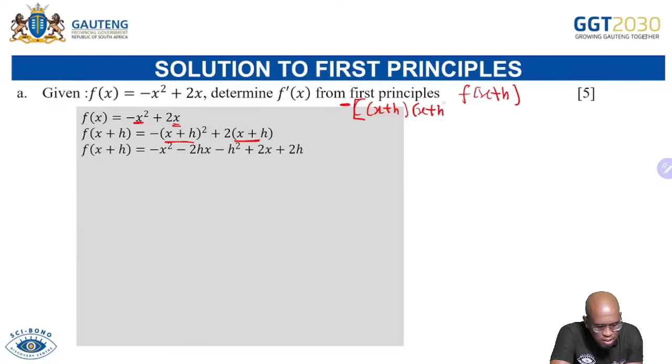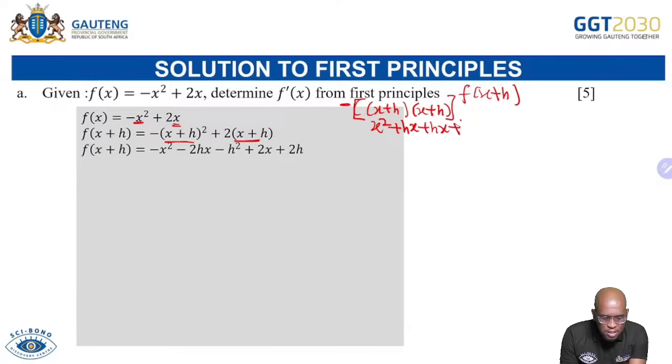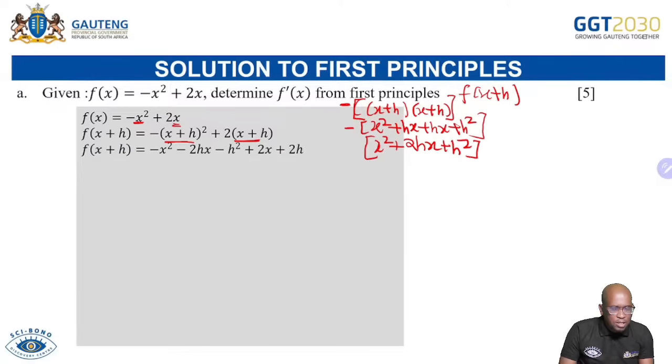Okay, create a square bracket, and then from there simplify inside, where this would be x squared plus hx plus hx plus h squared, which would give you x squared plus 2hx plus h squared. And then you can distribute to get what I wrote there.